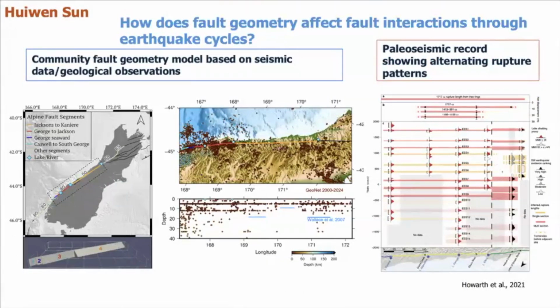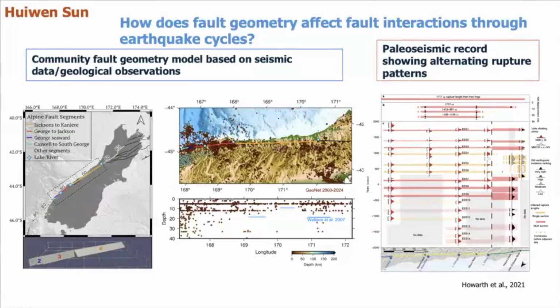And people have been noticing really interesting things about this fault along strike. If you look at the first diagram, it shows in terms of fault geometry, there's this really distinct change in fault dip along the fault. This is from almost vertical to around 50-degree dipping.